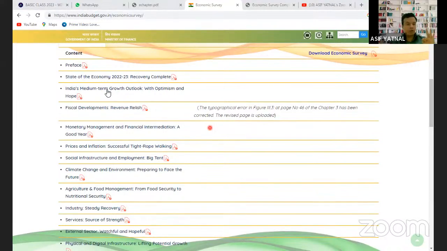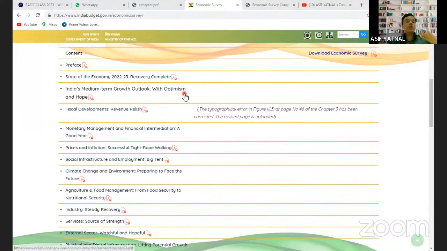So this is a short term goal, but we also have a medium term goal. What is that medium term goal? That we want to become a 5 trillion economy. All of you know India wants to become a 5 trillion economy in the upcoming 4 to 5 years. So how are we going to become a 5 trillion economy in the upcoming 4 to 5 years, and what is the government doing with respect to that, that is what is explained here.